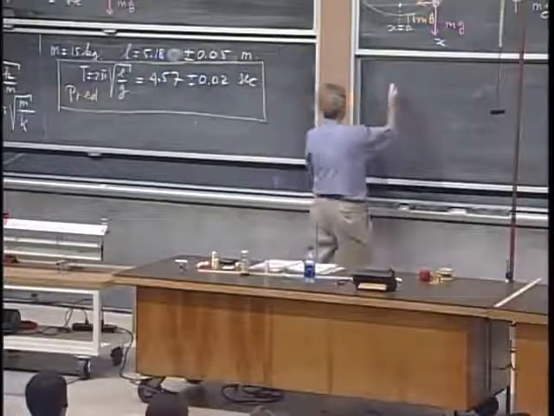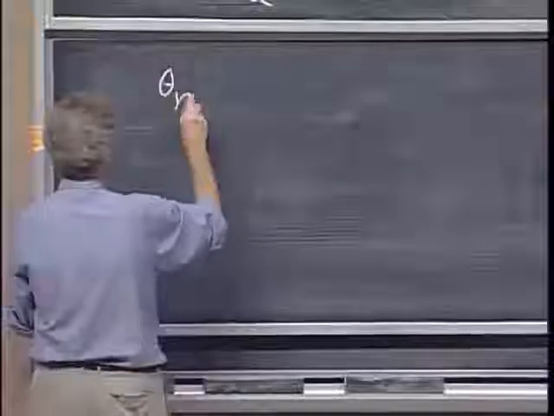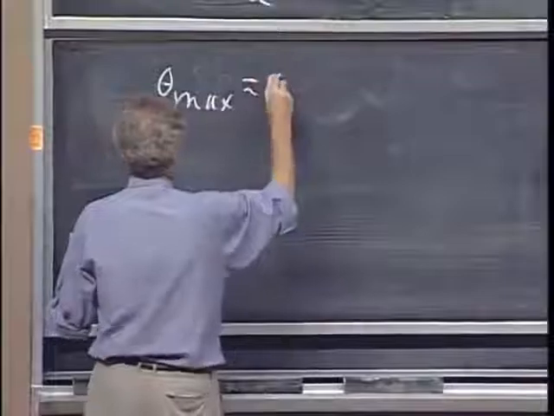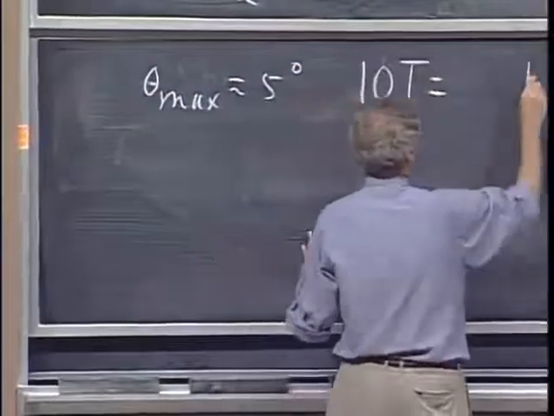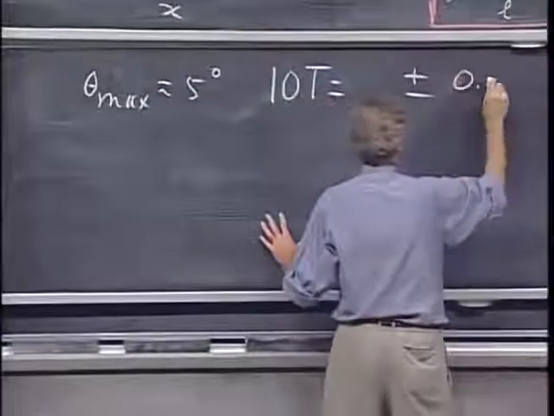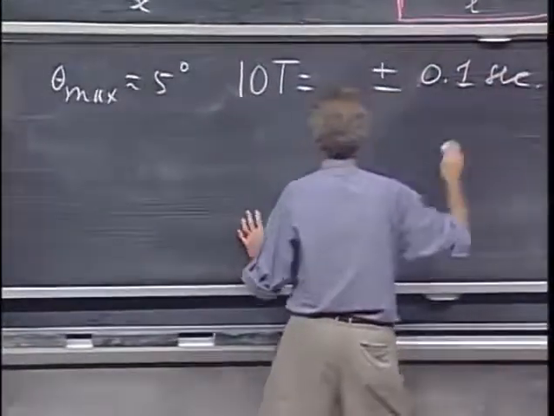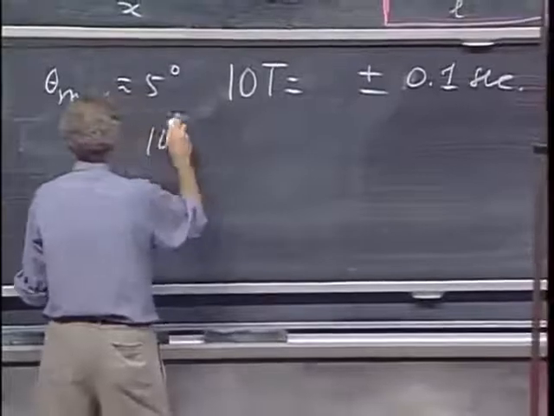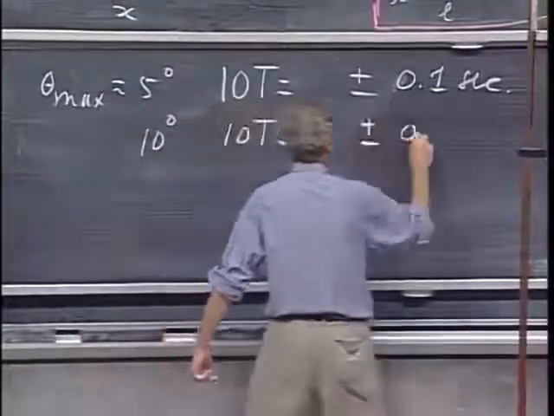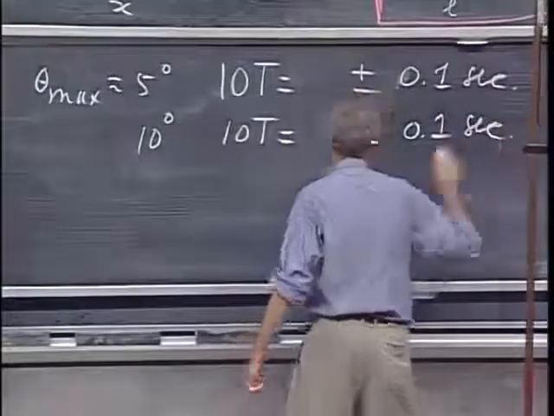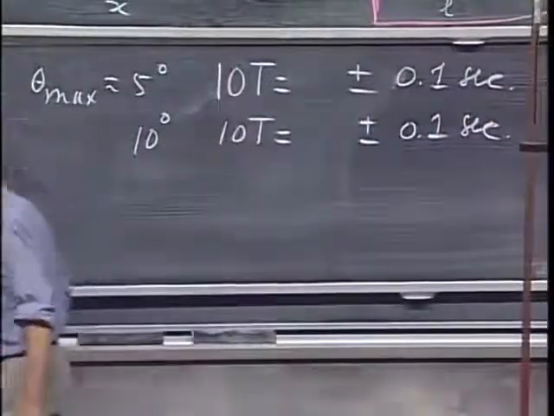So at an angle theta maximum of roughly 5 degrees, I get 10T equals something plus or minus my reaction time, which is 0.1 of a second. And then I will do it from 10 degrees, and again my reaction time is not much better than 0.1 seconds. So let's do that first.